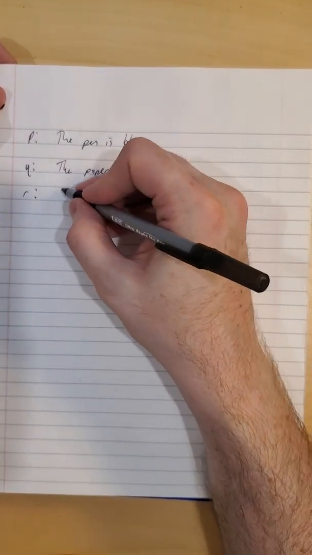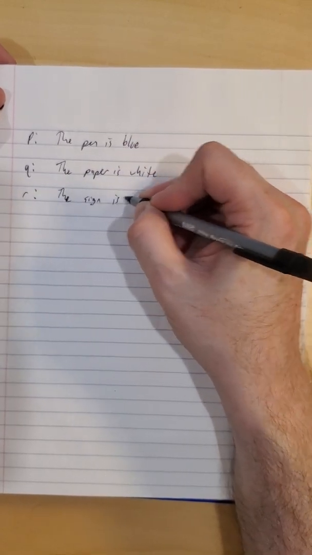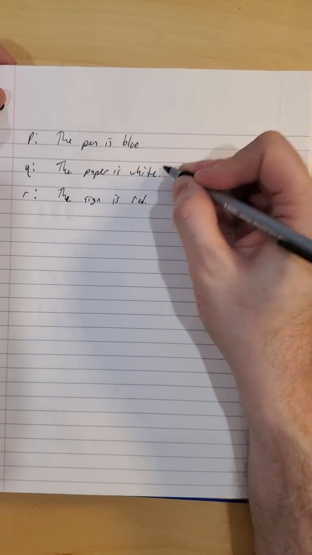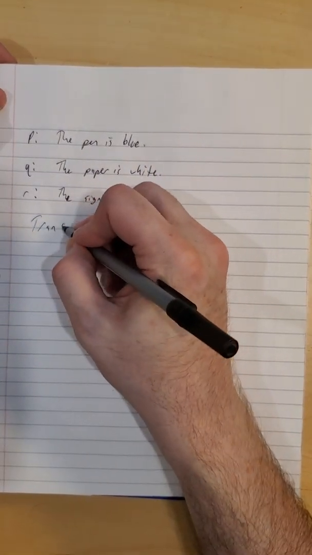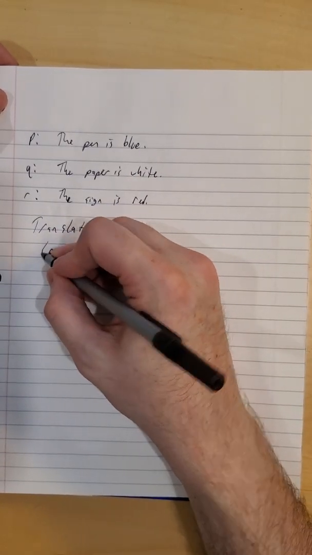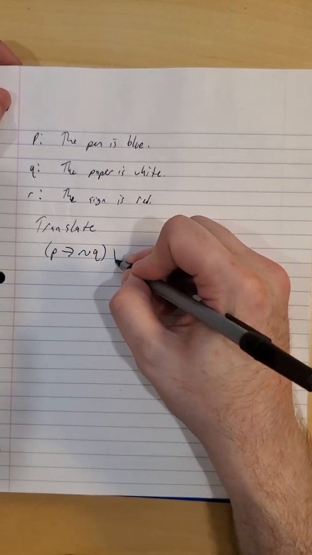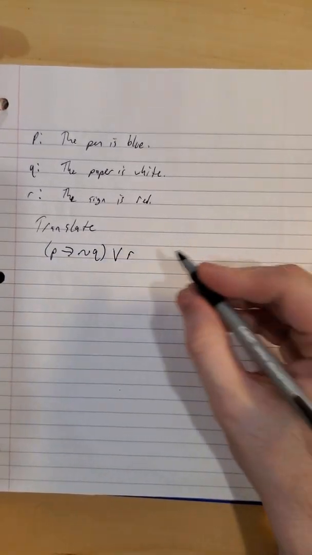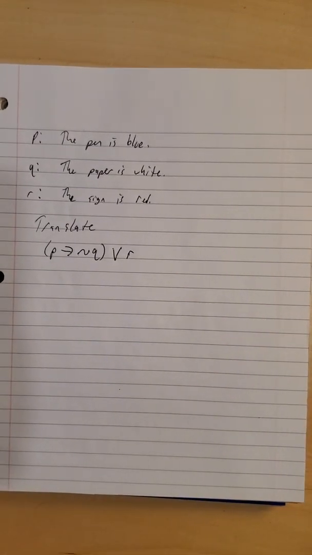And statement R, the sign is red. Okay, so go ahead and pause that, see if you can write the sentence out.